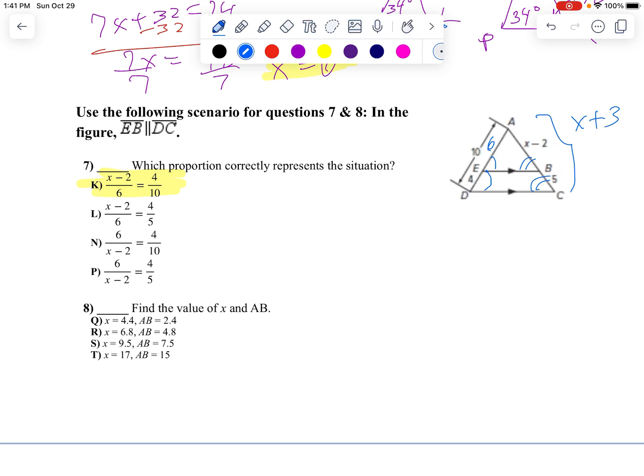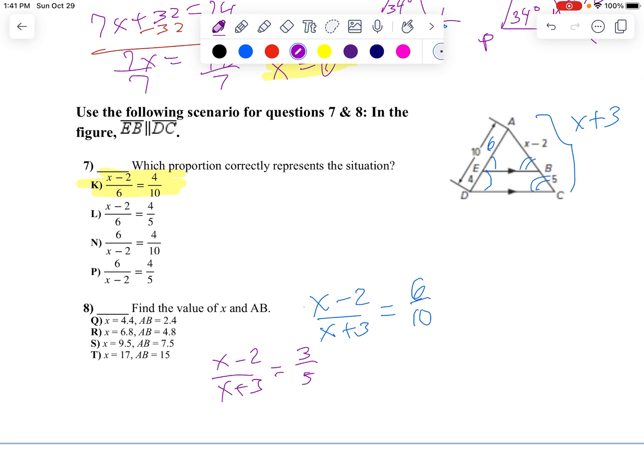So I will say x minus 2, small side, is to my big side, which is x plus 3. And then I'll do the same thing. 6 is going to correspond to 10. First thing, I don't like to work with big numbers, so we'll say x minus 2 is to x plus 3, as 3 is to 5.